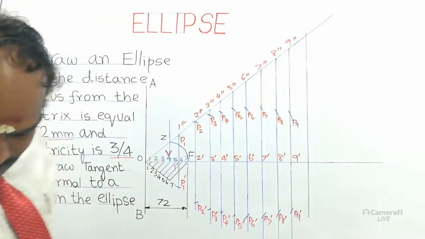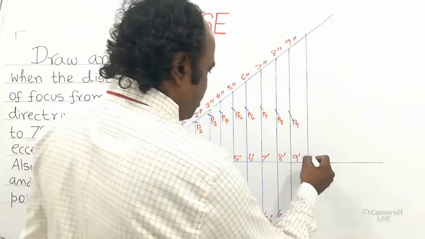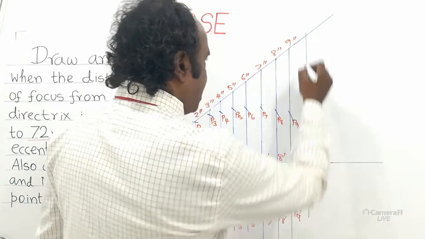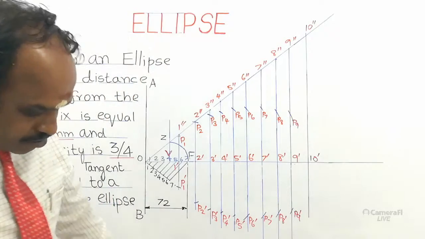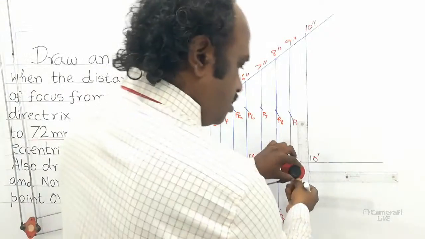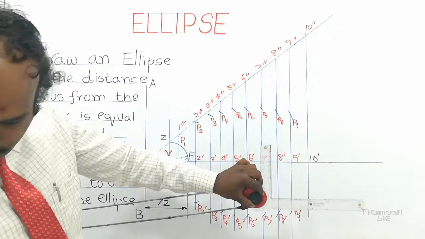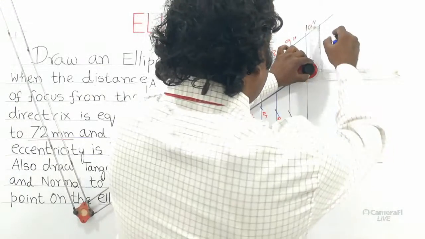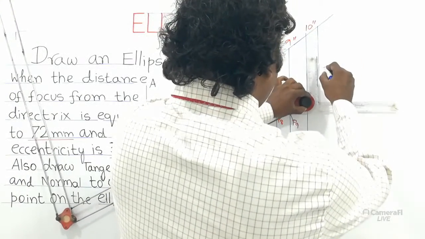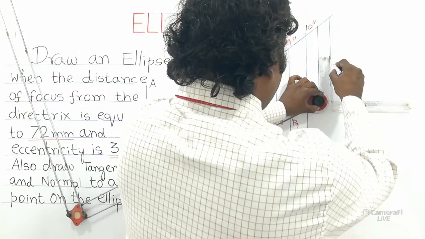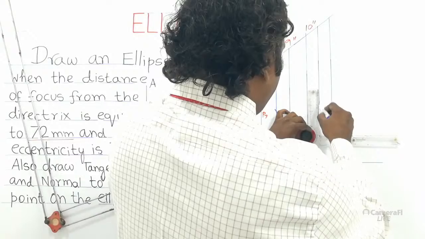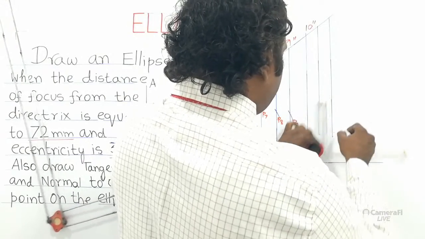Okay, now you take the distance, after 9 dash, 10 dash. 10 dash, 10 double dash. So if you use a draft scale the answer will be perfect.